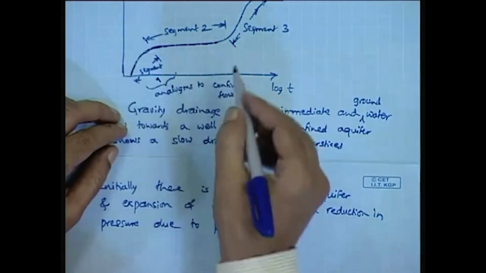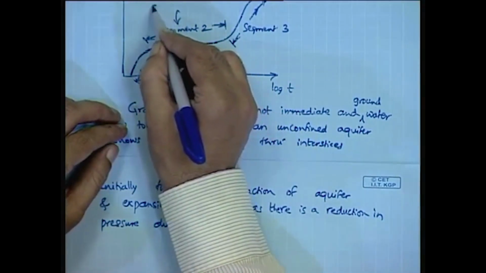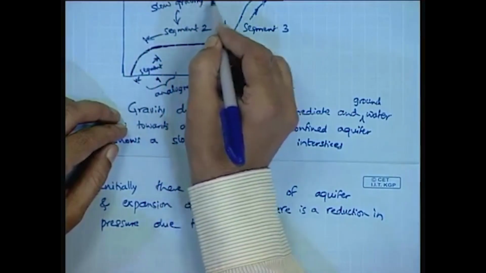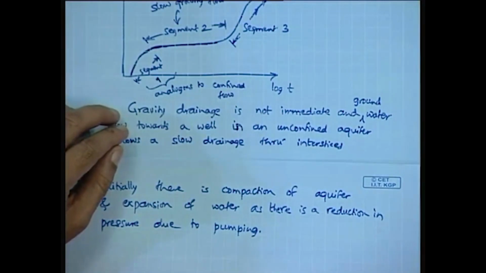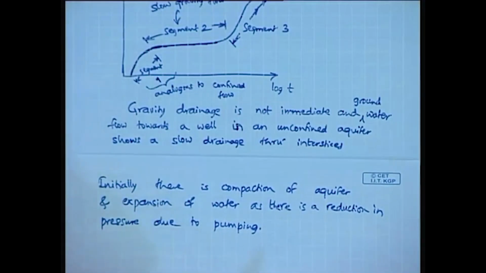Next, in segment 2, there is slow gravity flow, and this is because of the expansion of the cone of depression.